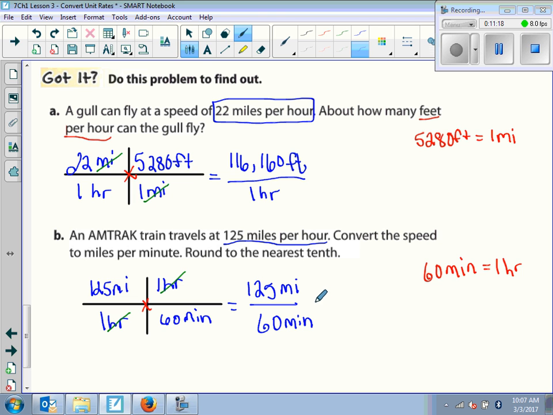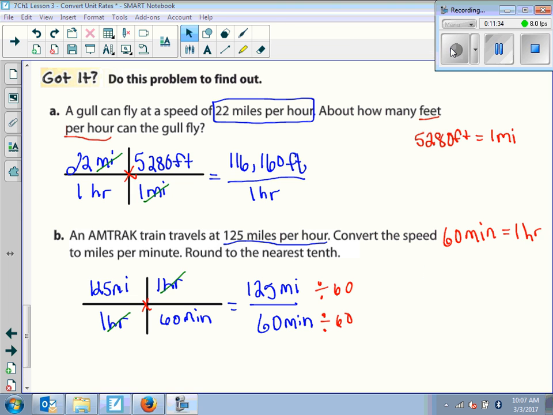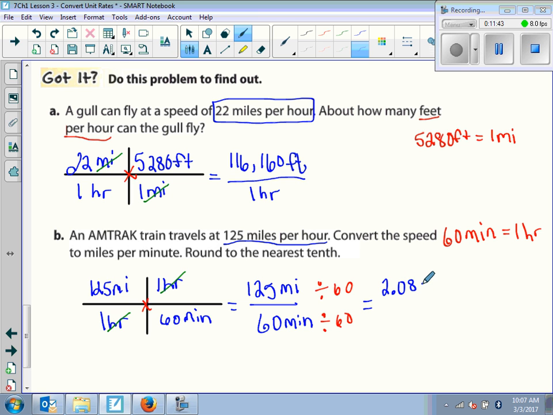And how am I going to change that to a unit rate? Very good. So now we're going to divide by 60 up here, and we're going to divide by 60 down here. And I want you to make sure you show it in the numerator and the denominator. When we do the division, we end up with 2.08 miles in 1 minute. Is that my final answer?